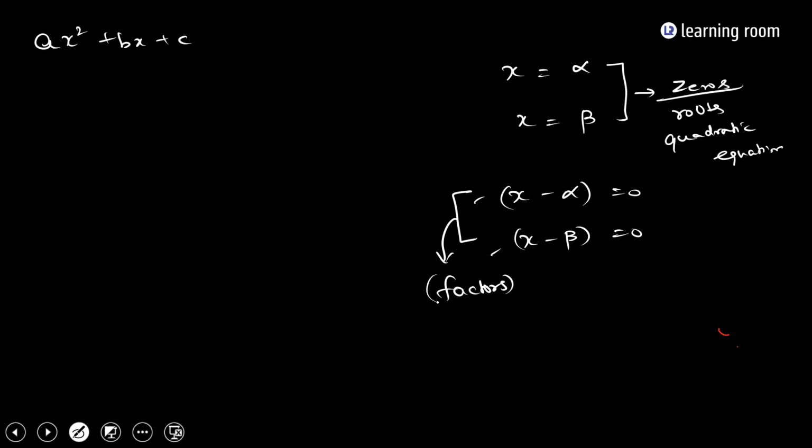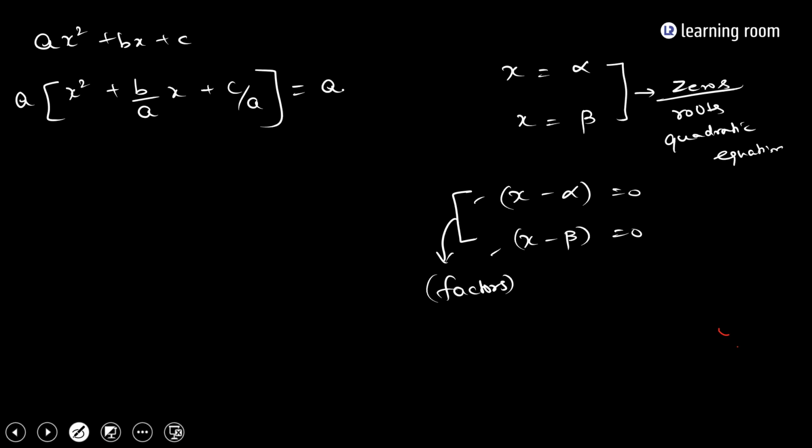Observe what I'm going to do: I'll take this a outside. I'm not interested in it. Then what will I get inside? x square plus b by a into x plus c by a. Is there any doubt in this? No, sir. Now, this ax square plus bx plus c is actually formed because of x minus alpha into x minus beta.